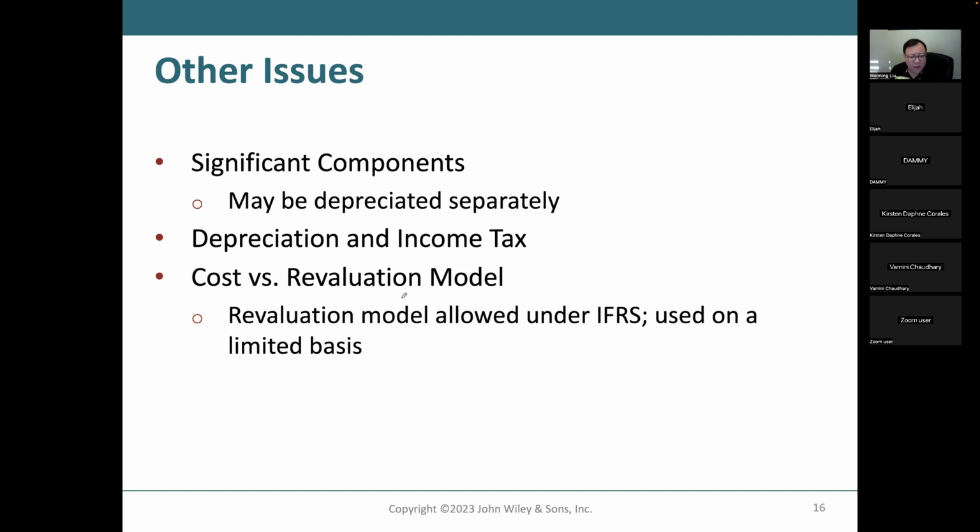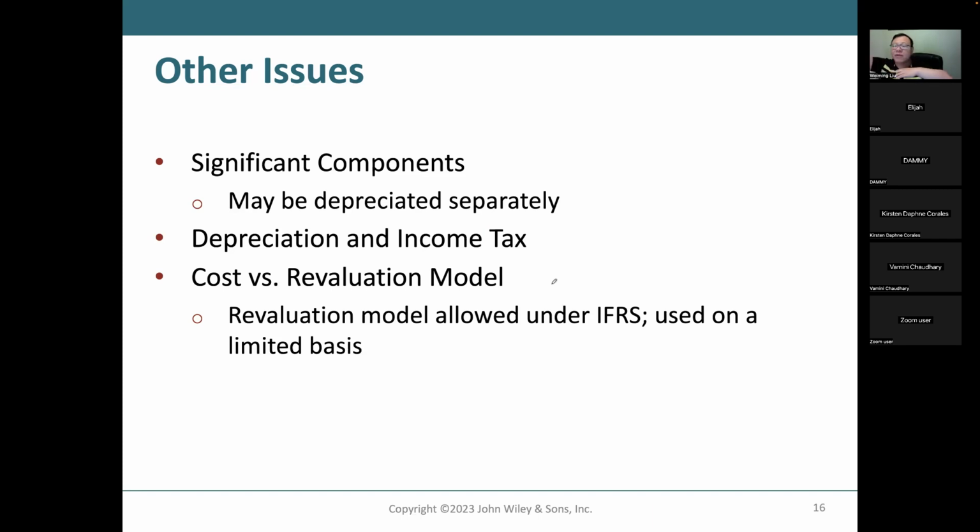Cost versus revaluation model. Under IFRS, another model, the revaluation model, is allowed, okay? But for this course, we are studying the cost model. We record the cost of the asset. The revaluation model means that they always compare their asset value with the fair value.